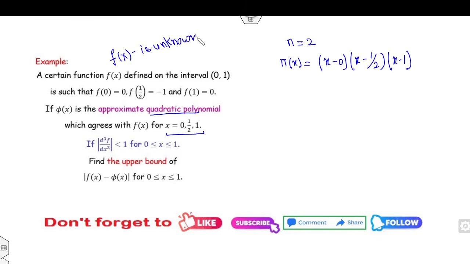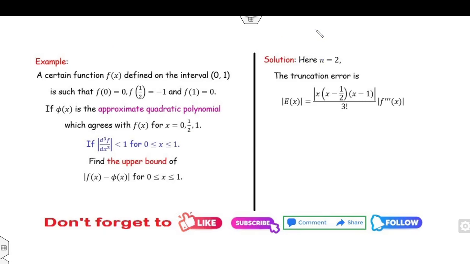Fine. So we can define firstly the error corresponding to n equal to 2. But if you closely look at this part, the third derivative is less than 1. So I can say this is 1 over 6 factorial, maximum value of, fine, and the maximum value of this case is less than 1. So I can simply write this case.